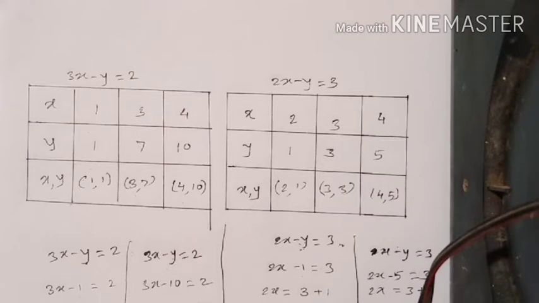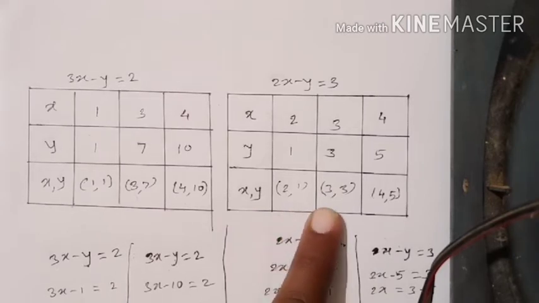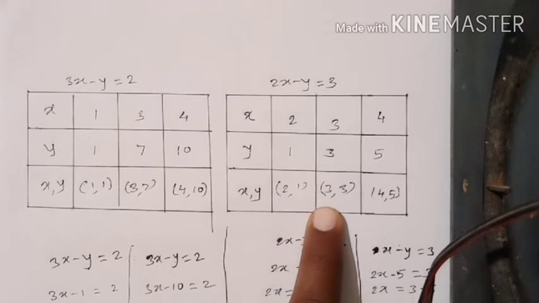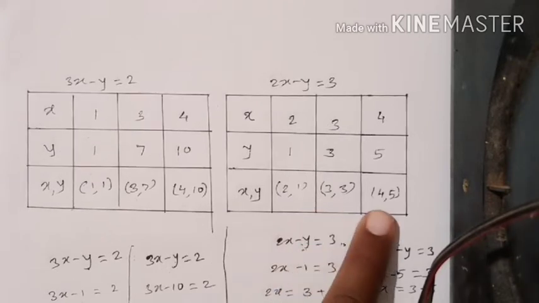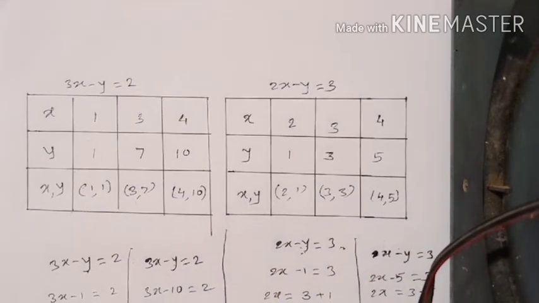Correct. Now for the second equation, the first point is 2, 1, the second point is 3, 3 and the third point is 4, 5. Now we will put these points on the graph.